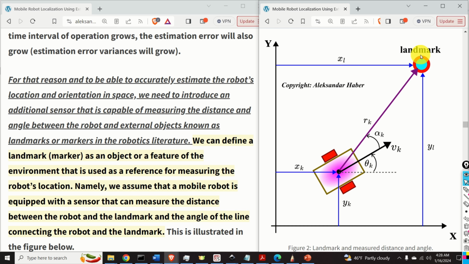We can define a landmark or a marker as an object or a feature of the environment that is used as a reference for measuring the robot's location. Namely, we assume that a mobile robot is equipped with a sensor that can measure the distance between the robot and the landmark and the angle of the line connecting the robot and the landmark. The distance is denoted by rk over here, and the angle is denoted by alpha k.